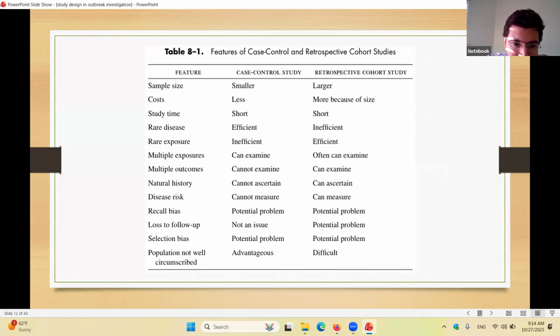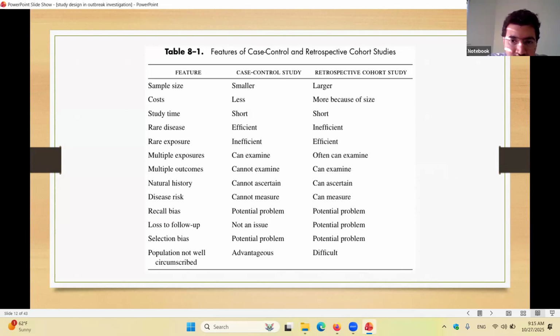And for a population not well circumscribed, it is advantageous for case control studies, while it is difficult in retrospective cohort studies.